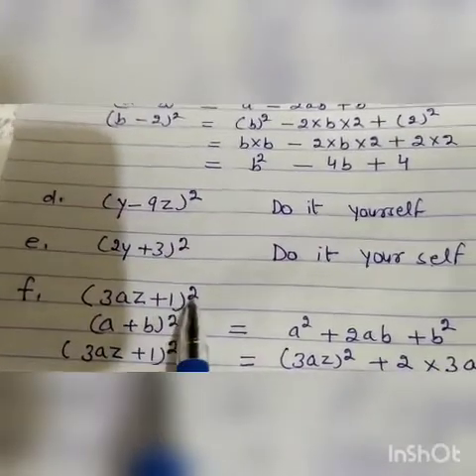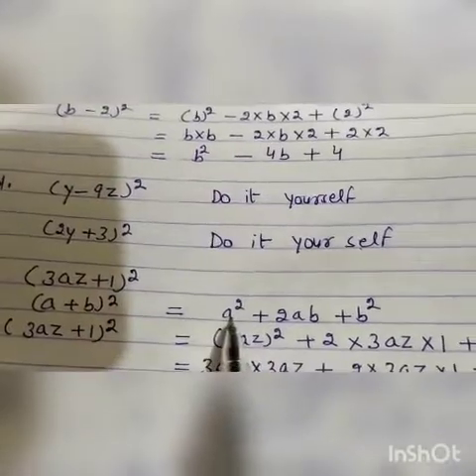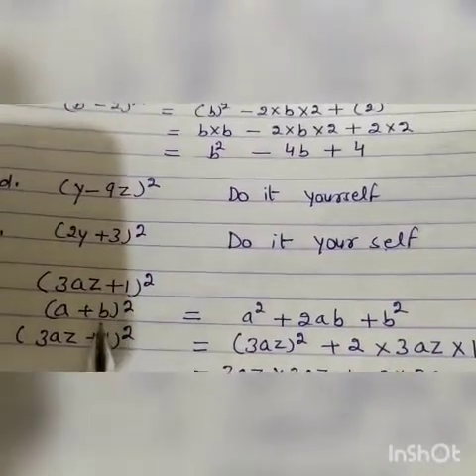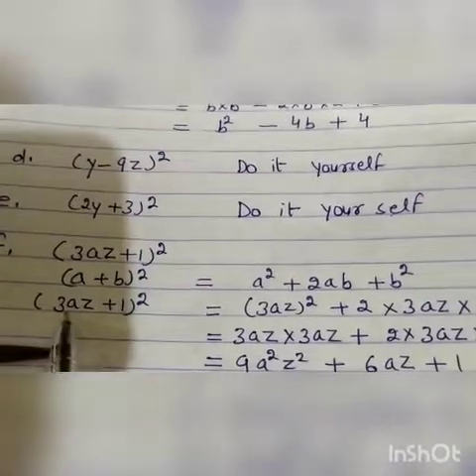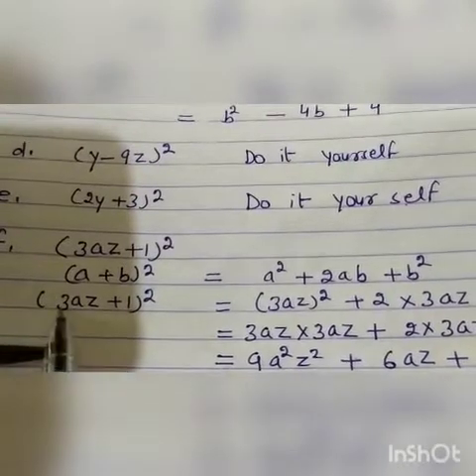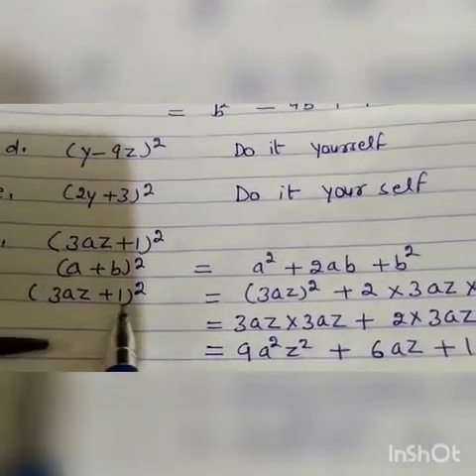(3az plus 1) whole square. It is (a plus b) whole square is equal to a square plus 2ab plus b square. Here sign is plus, so we will use first identity. What is the first term? First term is 3az. And what is the second term? Second term is 1.